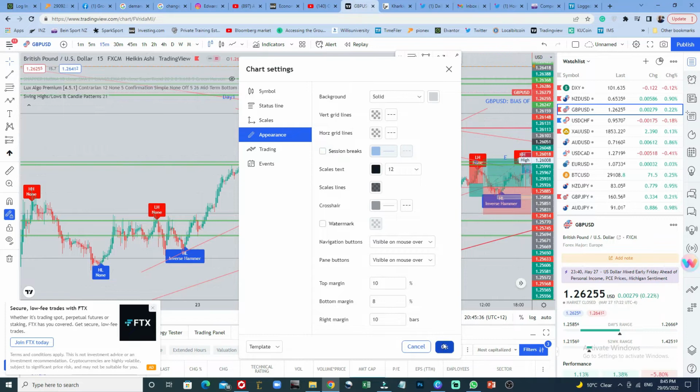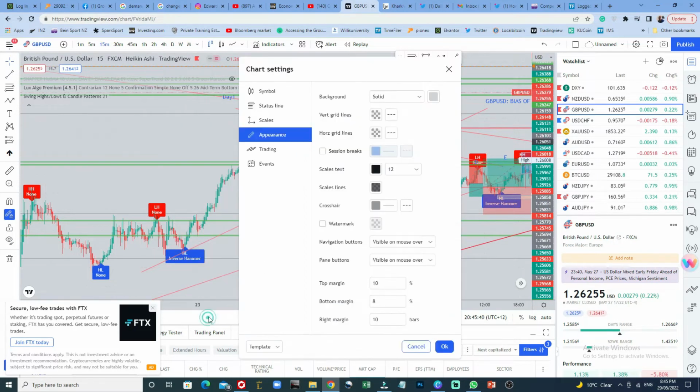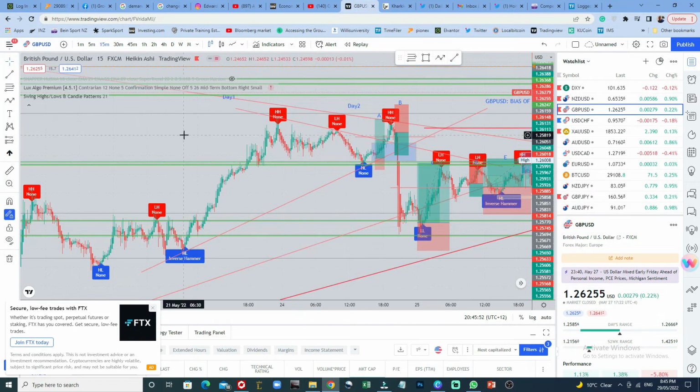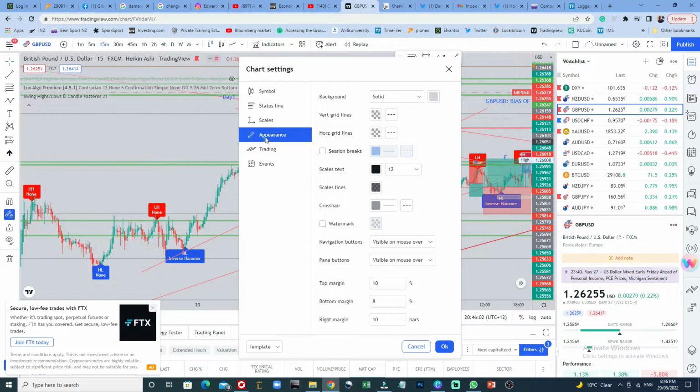What I did first of all was to go to the session break. The session break separates the days of the week. You right click on your screen on your TradingView platform, then go to settings, click appearance, then you see session break here.